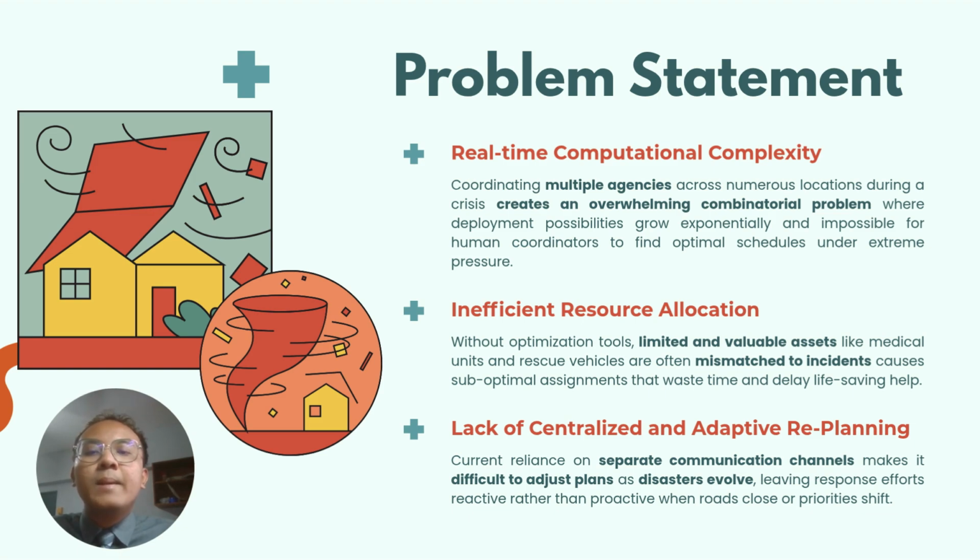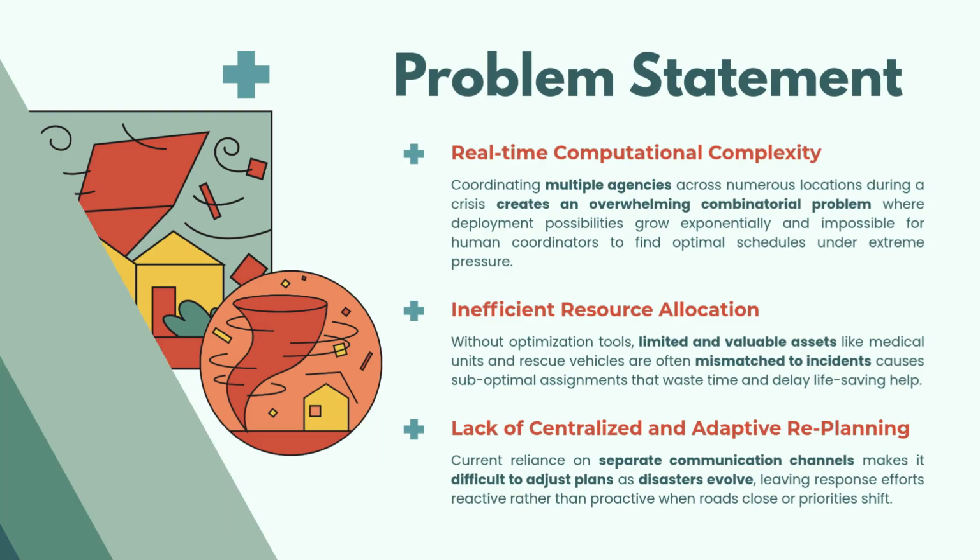This can cause the wrong team to be assigned to the wrong incident, wasting time and delaying critical response. Third, current coordination often depends on separate communication channels, which makes it difficult to update the plans when disasters evolve or priorities change. Therefore, Rescue is developed to provide a centralized and adaptive scheduling platform for faster and more structured disaster response.